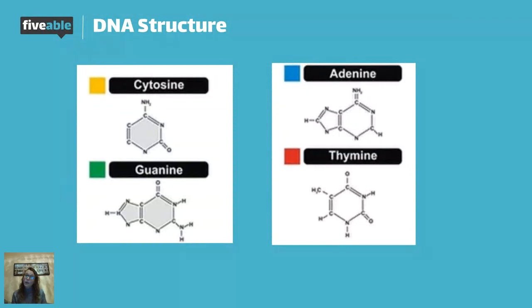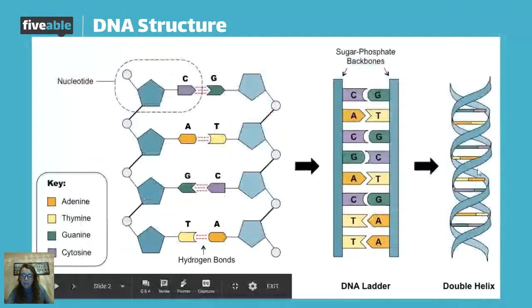But because we have 1 purine and 1 pyrimidine pairing in every single rung of our ladder that is DNA, we actually have a lot of consistency in our shape, and our DNA is the same width throughout, okay? So that is just an important part to remember, and that's what's going to make these really nice even bases that are then going to twist up into our double helix.